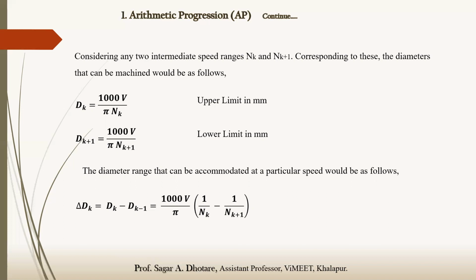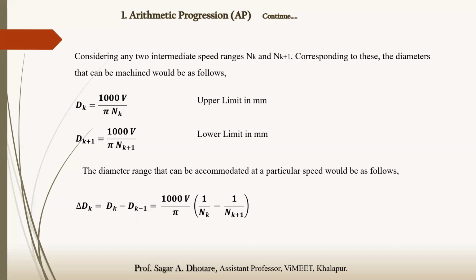So dk is the upper limit, in mm diameter, and dk plus 1 is the lower diameter limit. The diameter range that can be accommodated at a particular speed can be calculated.